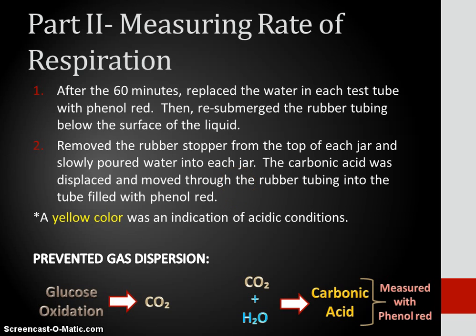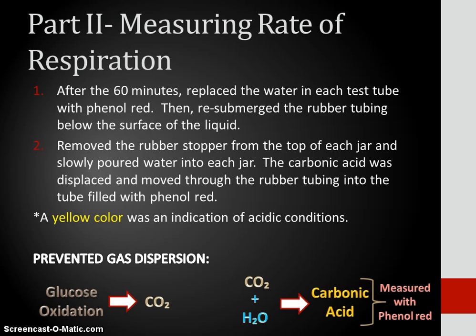Basically what we're doing with this experiment is preventing gas dispersion. The glucose that would be oxidized within the peas would produce CO2, or carbon dioxide, and we would trap that within the glass apparatus containing the rubber stoppers.